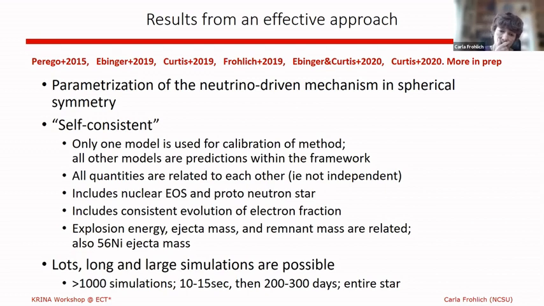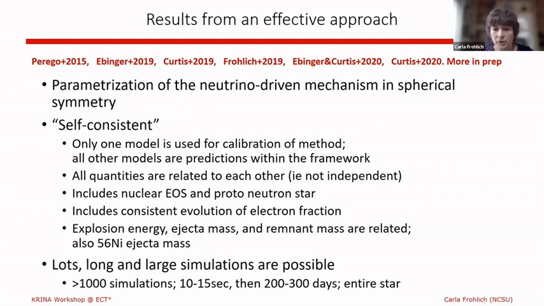And what this effective model allows us is to do long and large simulations, meaning we can do over 1,000 simulations of 10 to 15 seconds of GR hydrodynamics with neutrinos, followed by another 200 to 300 days of radiation hydrodynamics for photon transport.